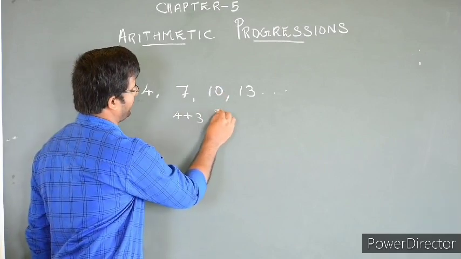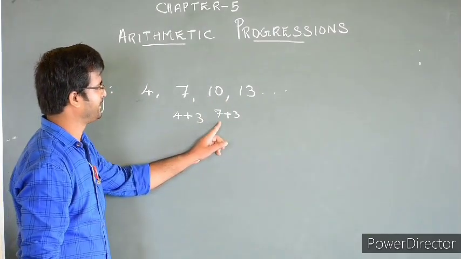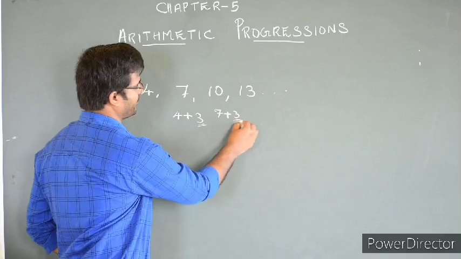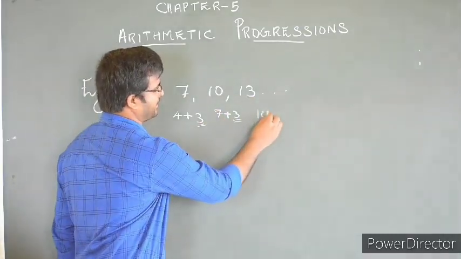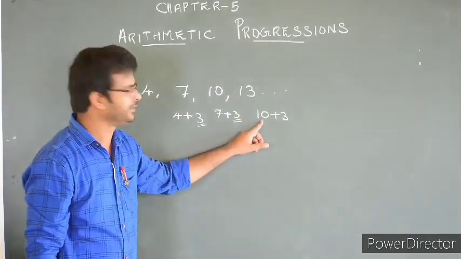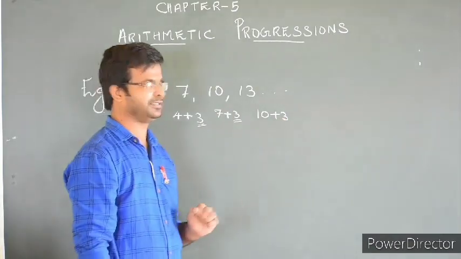This third term we can write as 7 plus 3, that is, second term plus 3. Same number we are using for adding. Then 13 means 10 plus 3. 10 is the third term. 3 is the common number.